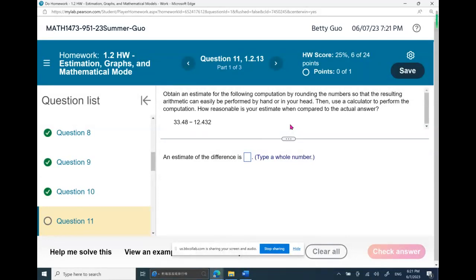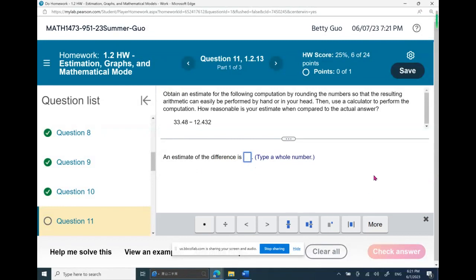Last semester, I got a lot of questions about how do I know I should round this? So use your judgment. Use a calculator to perform the computation. How reasonable is your estimate when compared to the actual answer?